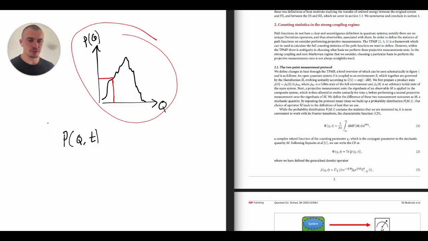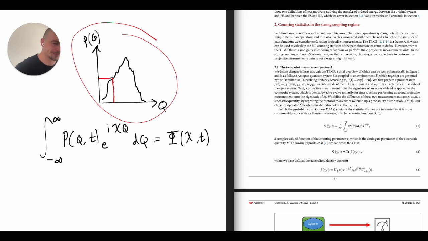But what we can do is instead find its Fourier transform. So if we Fourier transform this probability distribution, so we integrate over Q, and we have in a complex exponential e to the i Q times chi, then this will give us something called the characteristic function, phi of chi evaluated at time t.